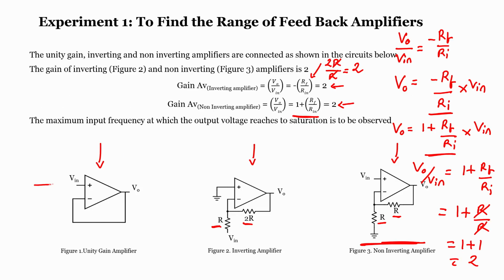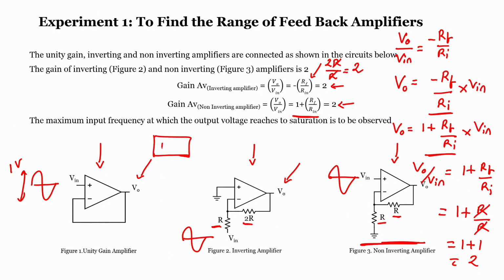That means I will apply a sine wave of 1 volt, 1 volt peak to peak, and I observe the output voltage in the oscilloscope. In every case I will apply 1 volt here, here and here, and at the output I will see what my value is in my digital oscilloscope.